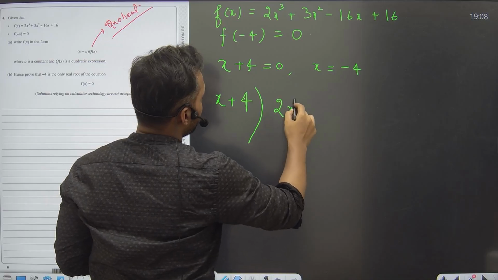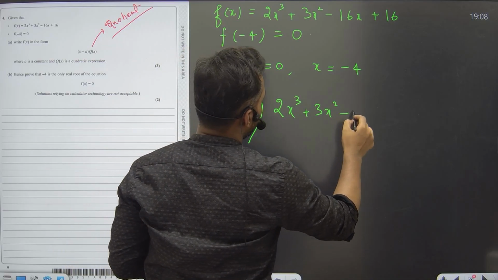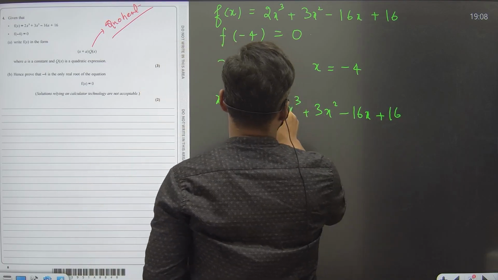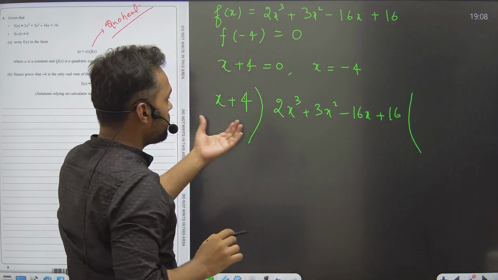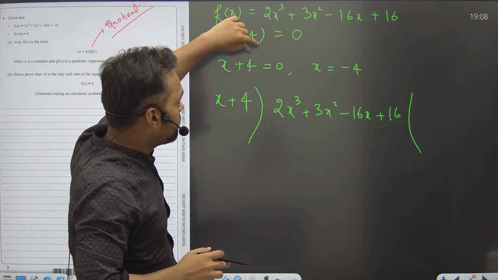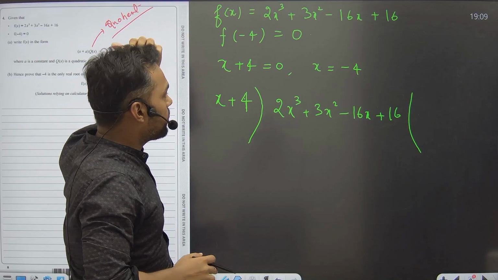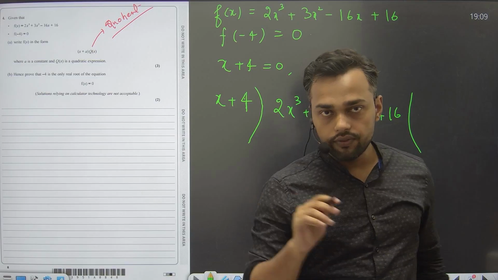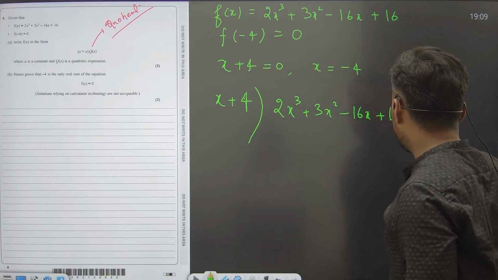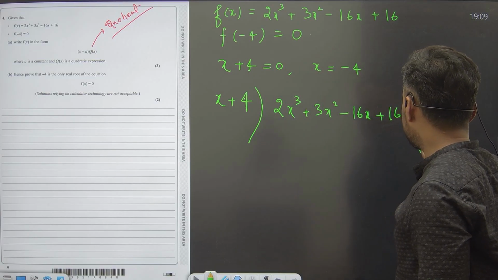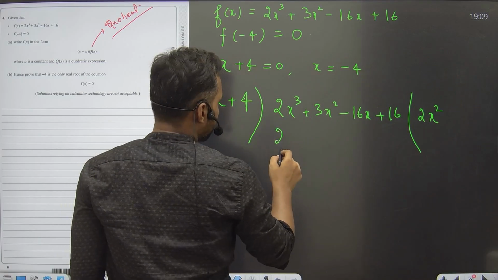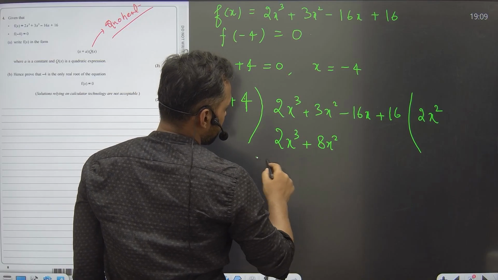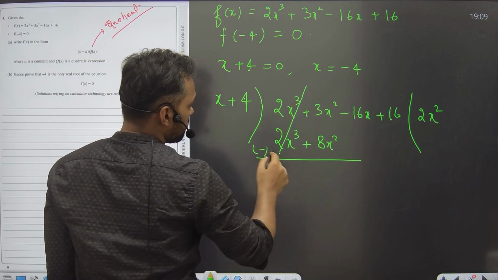Whatever function we have, 2x cube plus 3x square minus 16x plus 16, we are dividing this because we have already proved that x plus 4 is one of the roots of the given function. Now we are dividing it, so the first time it will go with 2x squares. Here you will get 2x cube plus 8x square. On calculation, these terms will cancel.